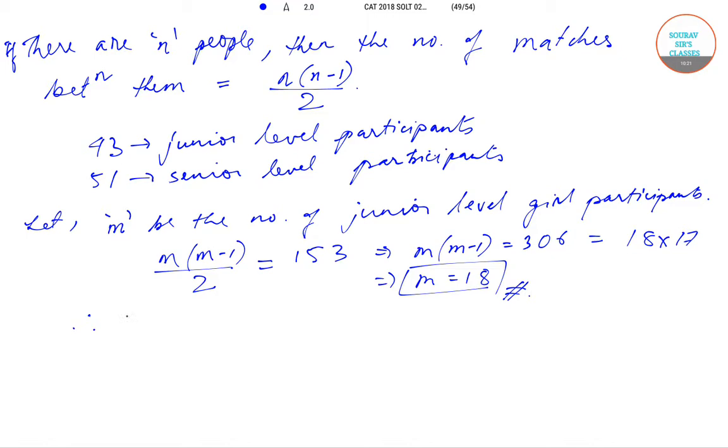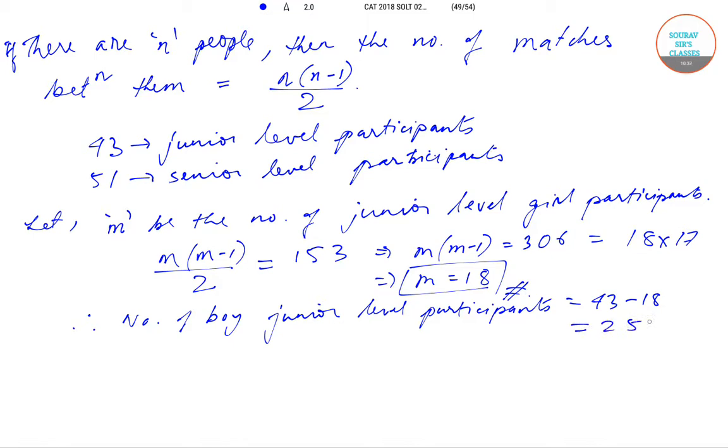Okay, therefore number of boy junior level participants is therefore equal to 43 minus 18, and that is equal to 25.